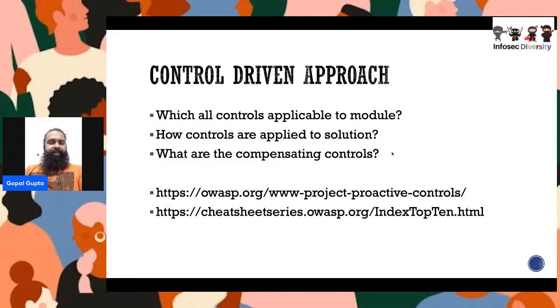Similarly for input validation, if you have a centralized input mechanism, or there is a dedicated microservice doing the validation, or if you're utilizing some kind of framework which does all sorts of validation, then this is the only place where you have to do the thorough input validation. You don't have to go and check each and every service.